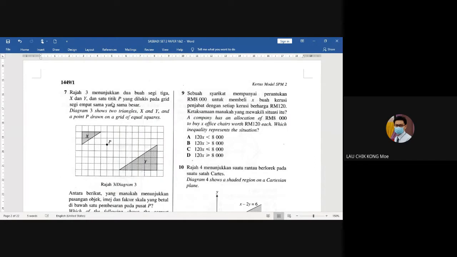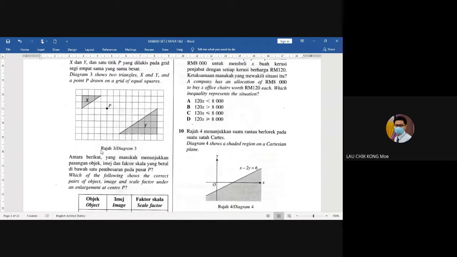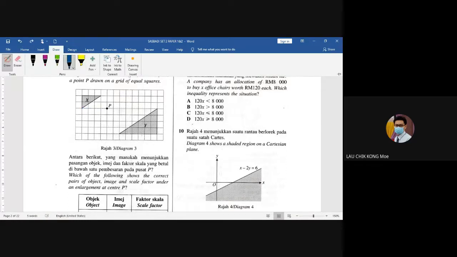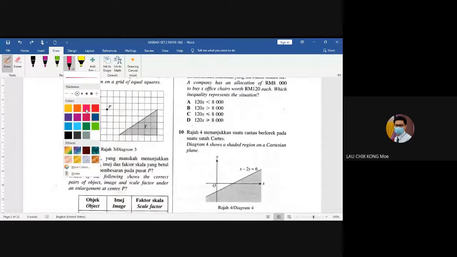Kalau kita tengok di sini, kita belum tahu lagi siapa objek, siapa image. Tapi ini kalau kita tengok, kita punya pusat TP. Ini pusat TP. Kita boleh guna pembaris untuk lukis ini.